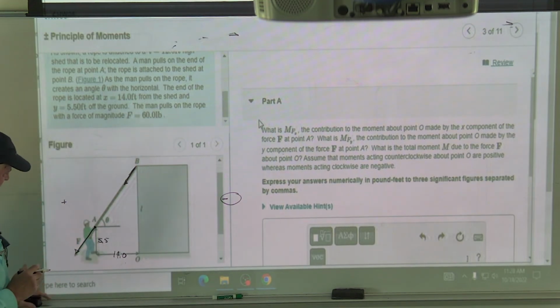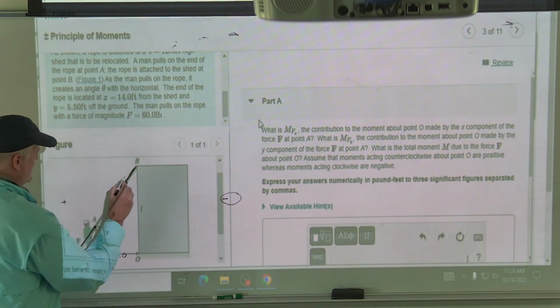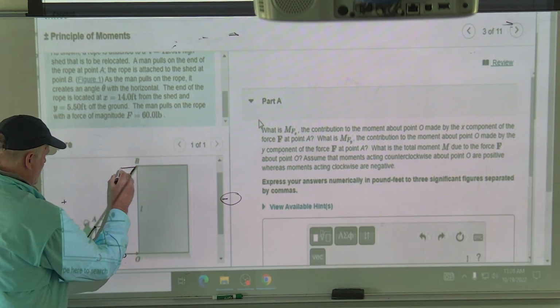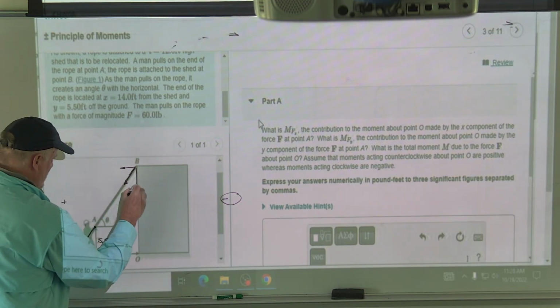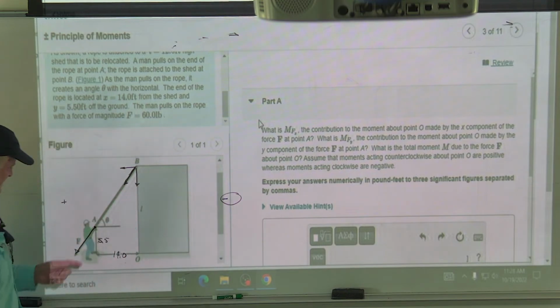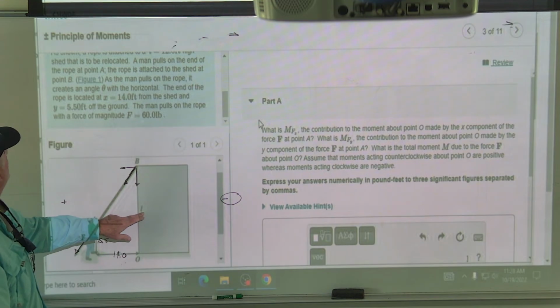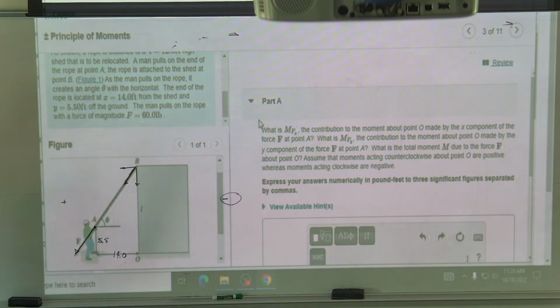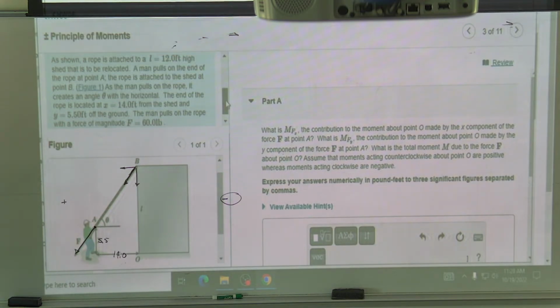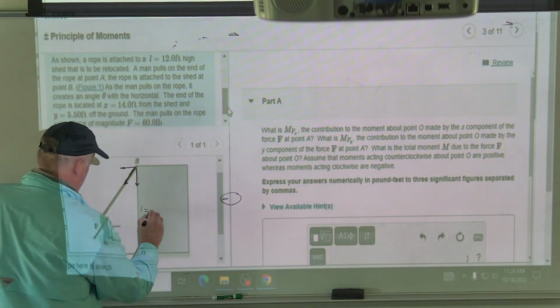Now what that does is that gives you the dimensions for you to break down your components. Here's what I mean. If this is that and L is, it's got to be in there somewhere. Oh, L is 12. So this is 12.